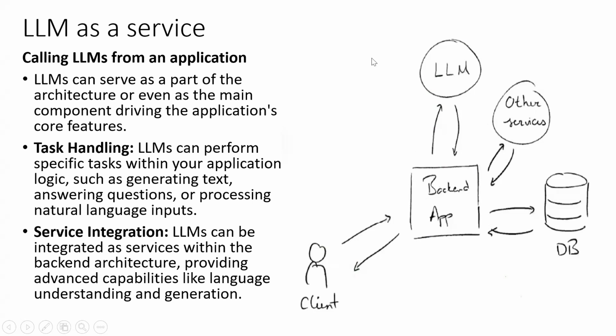So LLM is nothing but one of the services. Just like database or other services, it is one of the services which your backend application is invoking as and when needed. If it has to do some translation, then only it will give those sentences in English and ask it to convert them into German. Then it will give the response. Rest of the things are done by other services.